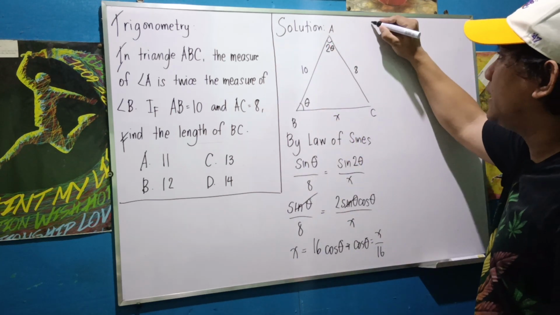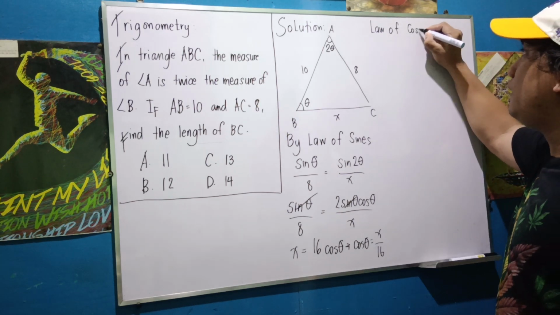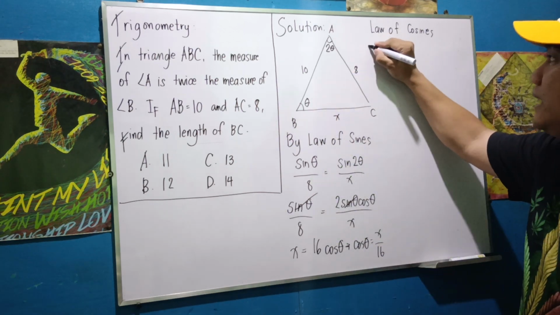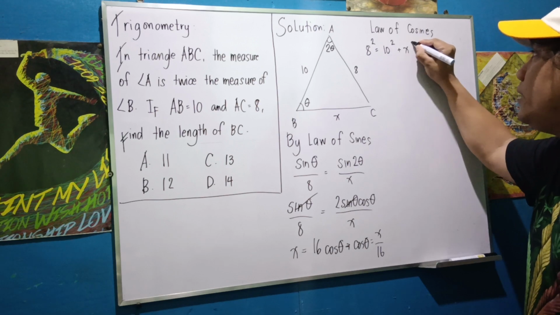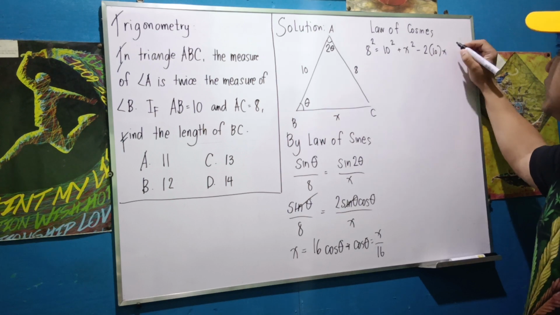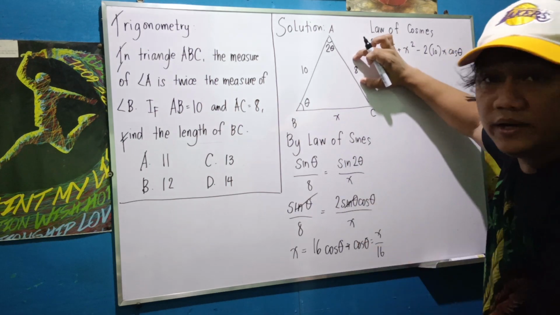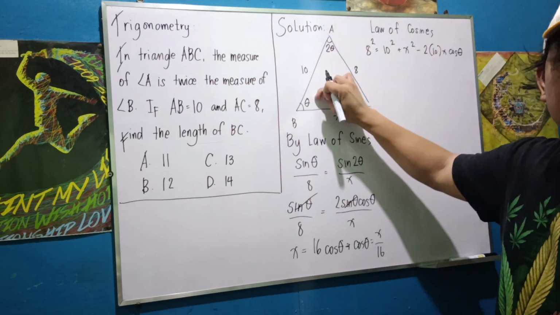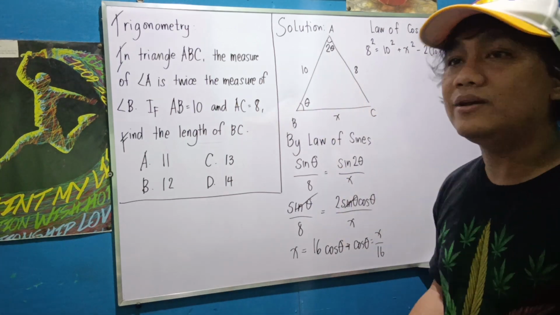By the law of cosines, let us recall that c squared equals a squared plus b squared minus 2ab cosine C. Naalala nyo guys? So you have to remember the formulas for the oblique triangles, the sine law and the cosine law.